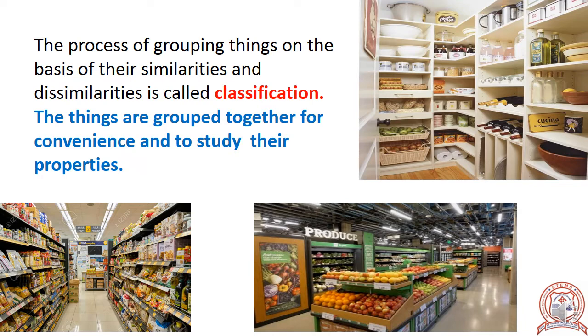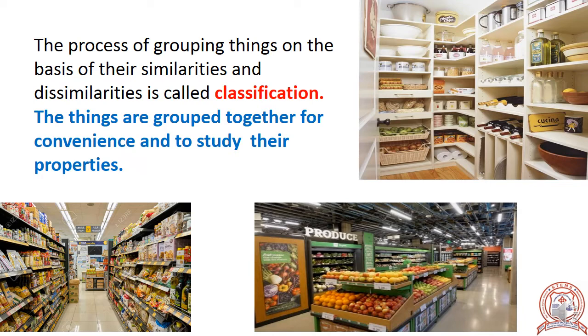And why do we classify things? The things are grouped together for their convenience and to study their properties. For example, we want to fill some water in a bottle.